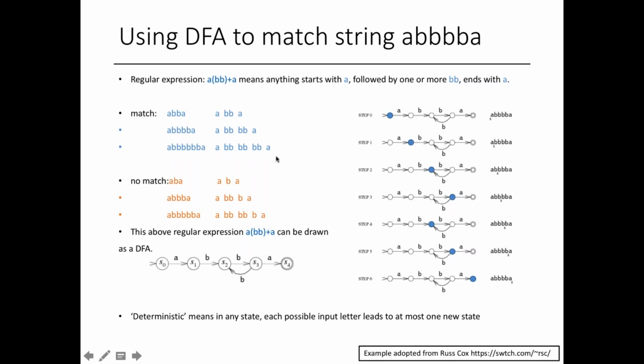We can match all these, but it will not match A, B, A, because with A followed by a single B, you only match A followed by a double B. The above regular expression, A, B, B plus, A, can be drawn as a DFA graph, as I showed in the left corner here.